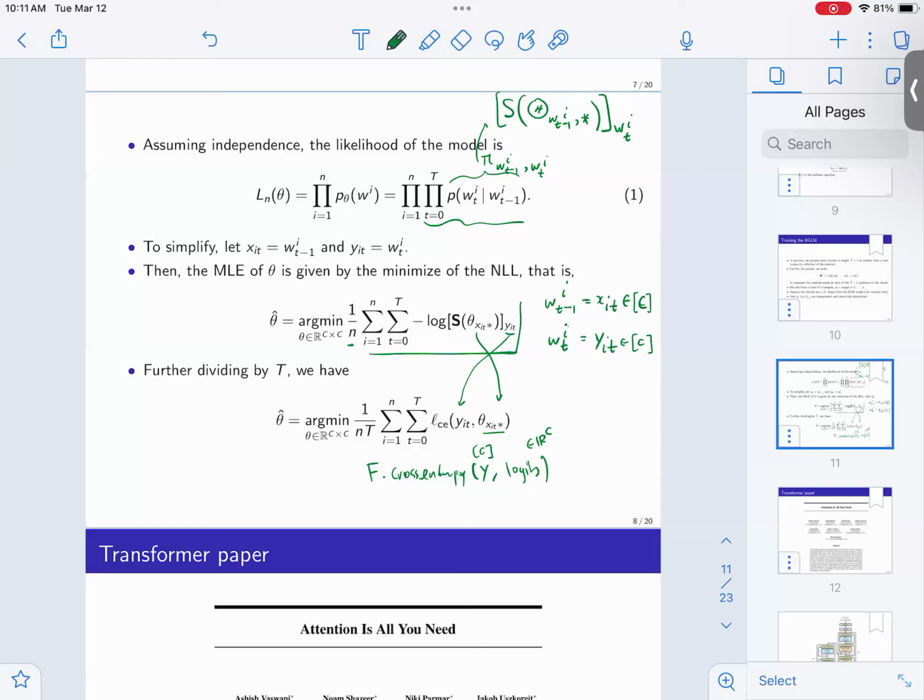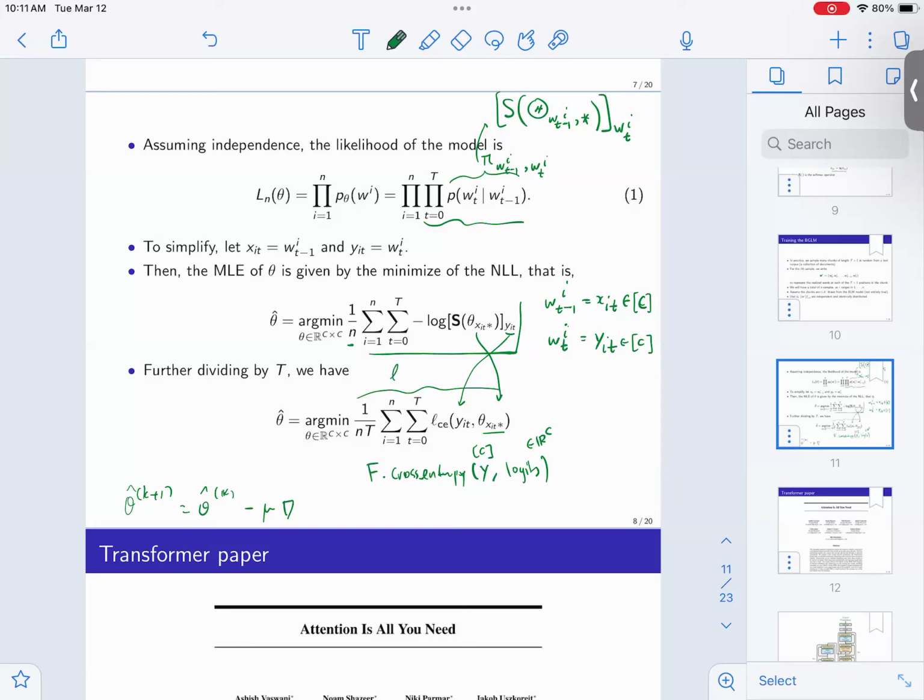But I don't need to use the entire sample. I can have, say, 10 chunks of things. The thing is, I don't really optimize this entire loss in one step. I do gradient descent. So you write down the gradient descent: remember you have theta hat t plus 1. This t is different from the other t, so let's say theta hat k plus 1 is theta hat k minus mu, the step size, times the gradient of this entire loss.